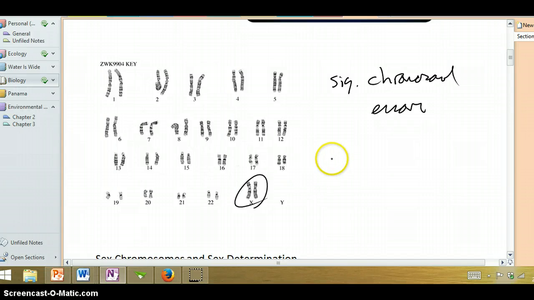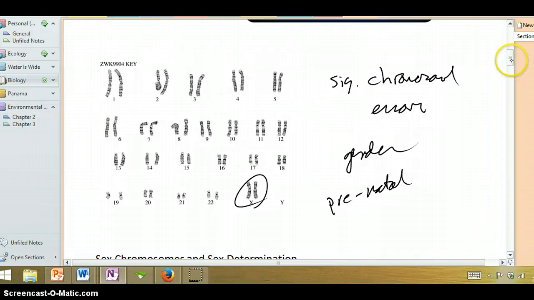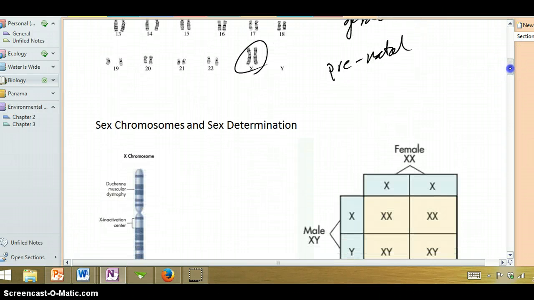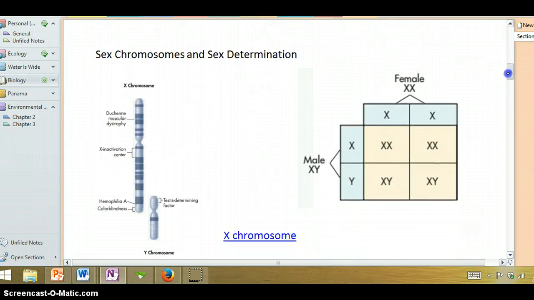And of course, it can tell you the gender of the individual. So karyotypes are sometimes used in what's called prenatal diagnosis, when you get DNA from the baby in utero and can tell some things about that baby.